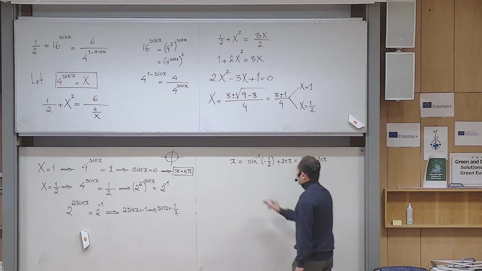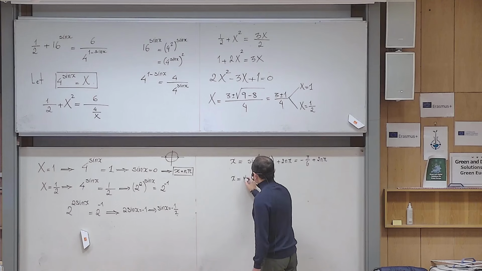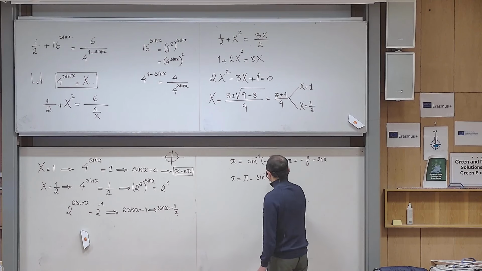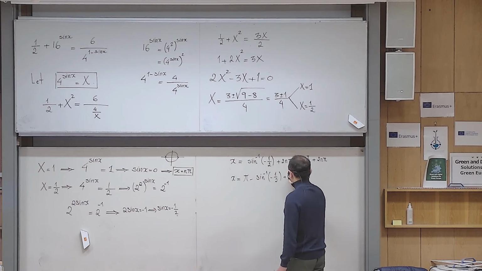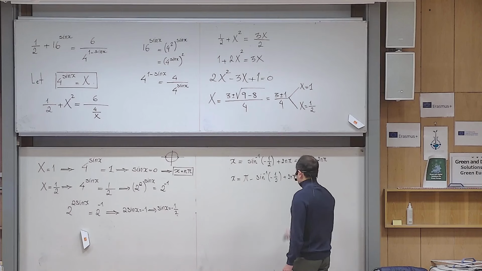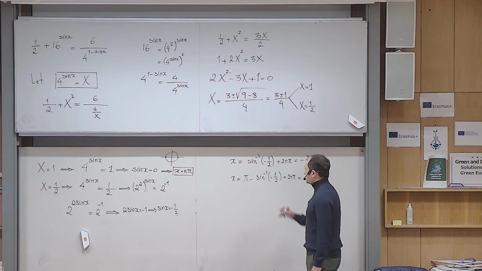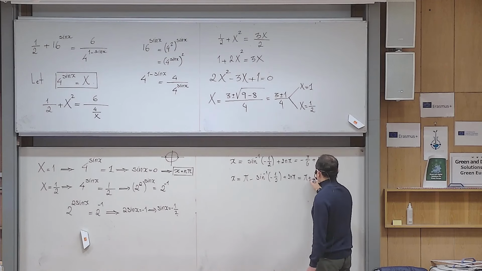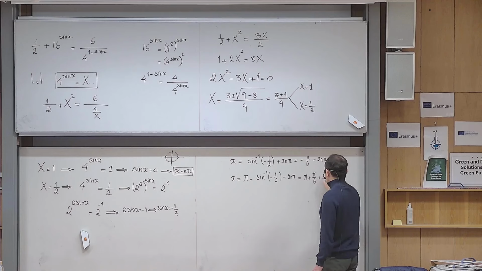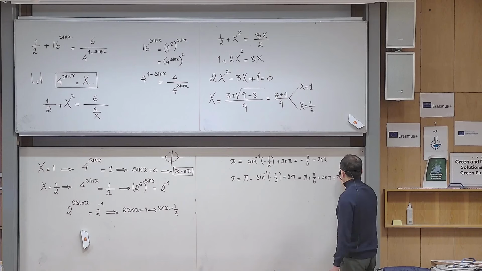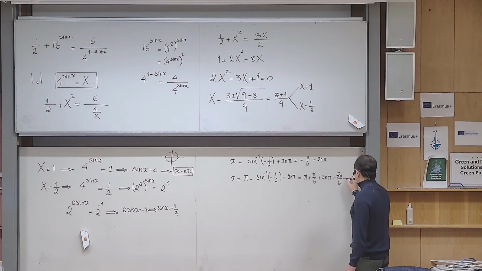Yes, and the other scenario is that X is equal to pi minus this number, okay, but this is again minus pi over 6, so it becomes pi plus pi over 6 plus 2n pi, and if I take the common denominator, it becomes 7 pi over 6 plus 2n pi.